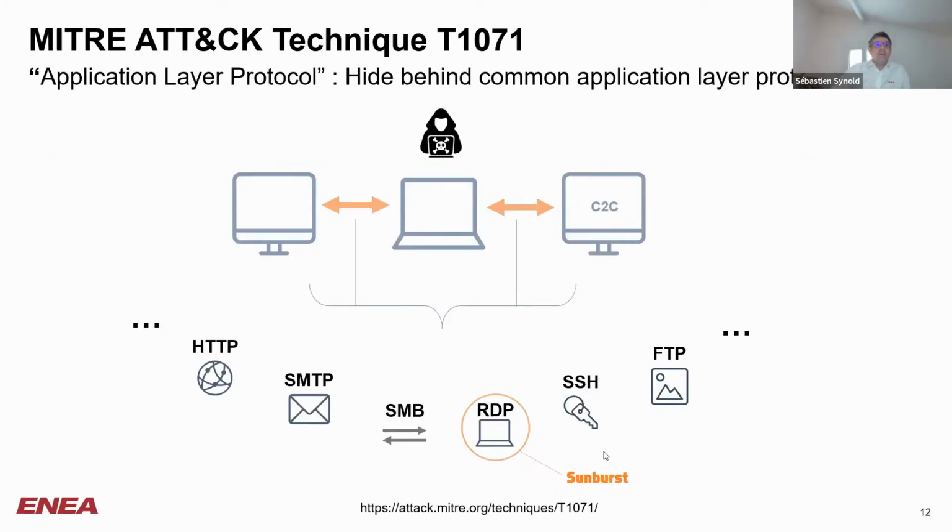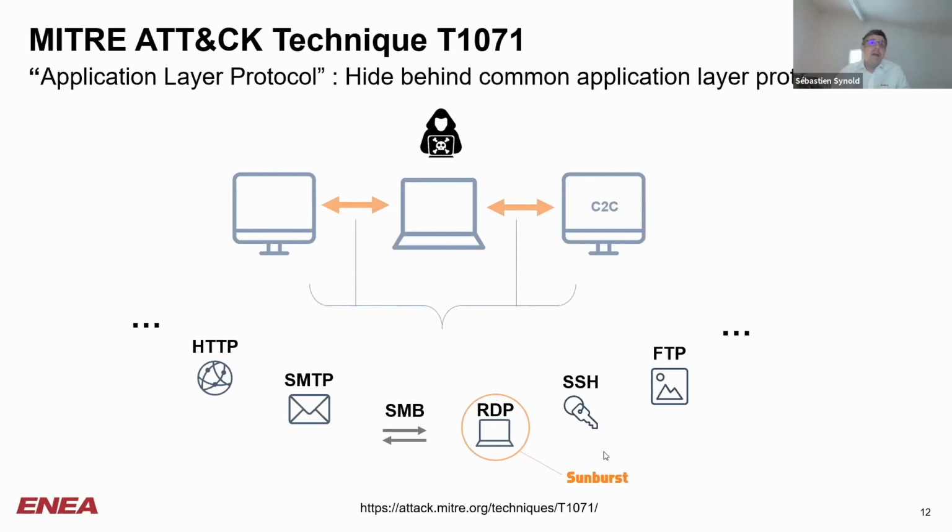So according to MITRE, this technique uses standard protocols such as HTTP, FTP, SMTP, or other standard email protocols, which are commonly used in IT networks for basic services like emailing or web communications. So those protocols are allowed by firewalls to ensure the basic network function. So they can also be used by malware to retrieve instructions from their command and control server.